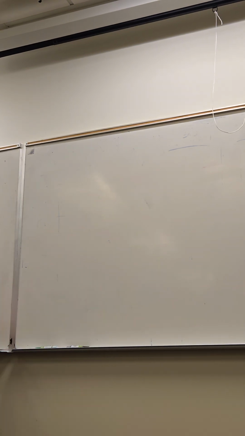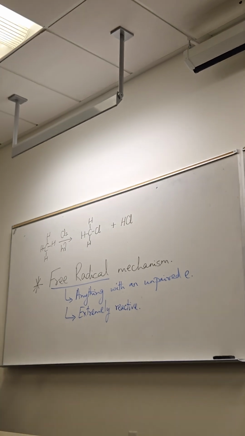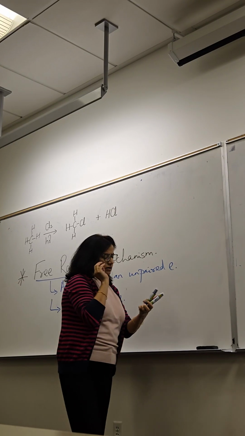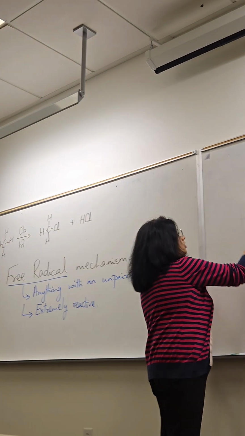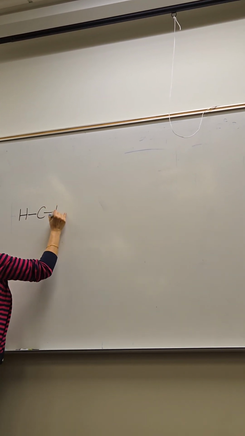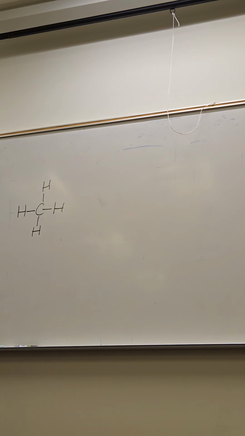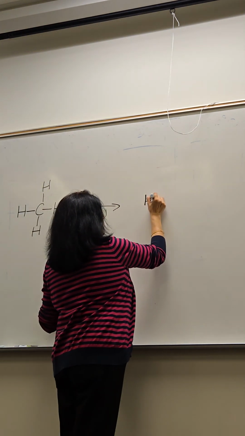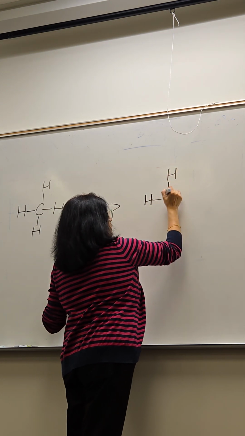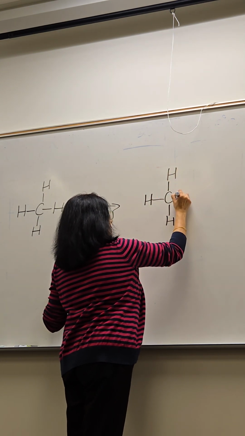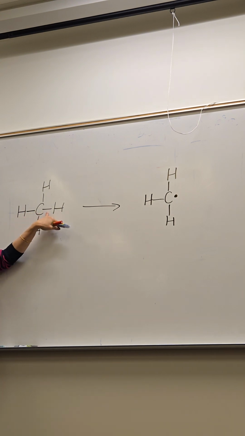So this reaction goes through a free radical mechanism. Now, before we write the mechanism and all, let's just review something we did briefly talk about last quarter. If I have methane and I'm breaking one of the CH bonds, let's say, to make a methyl free radical. So I'm breaking this bond to make that free radical.